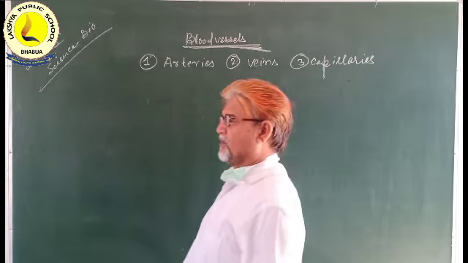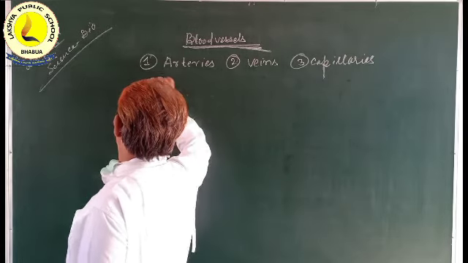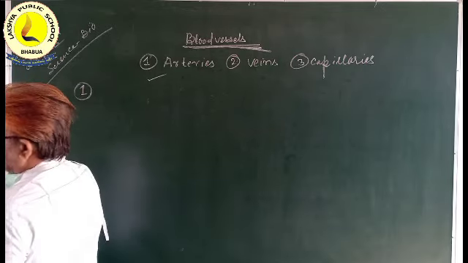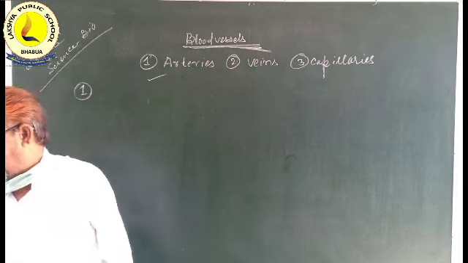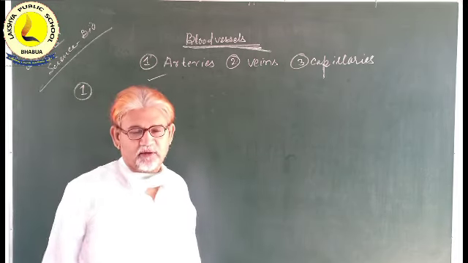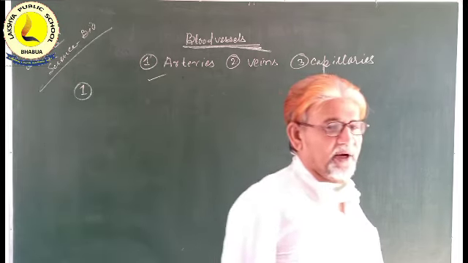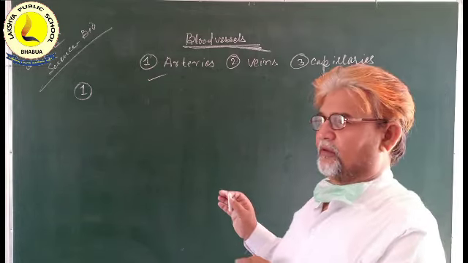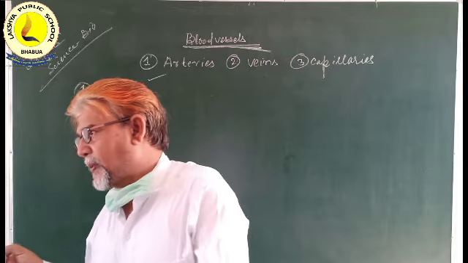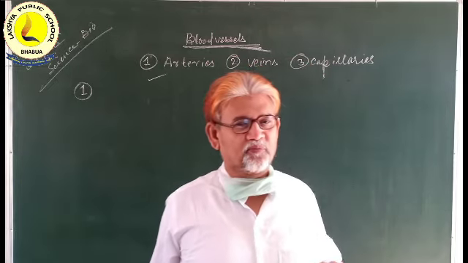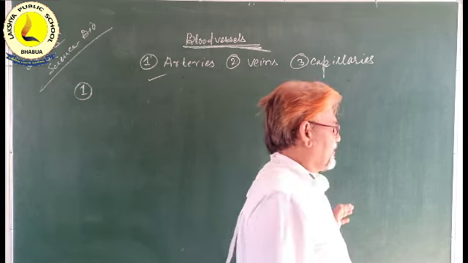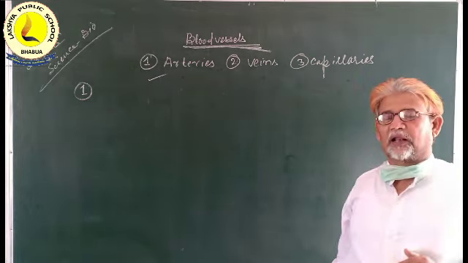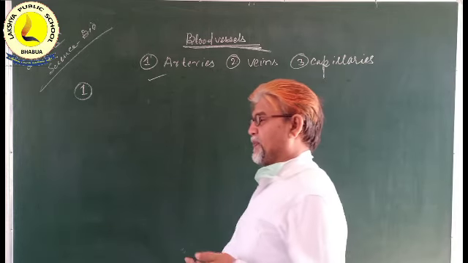First of all, I would like to explain about the arteries. What are the arteries? These arteries are thick wall, deep-seated blood vessels, and they are more contractile than the veins.